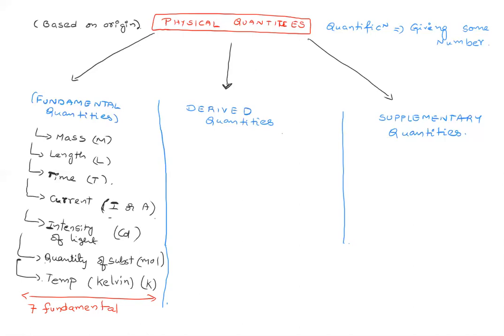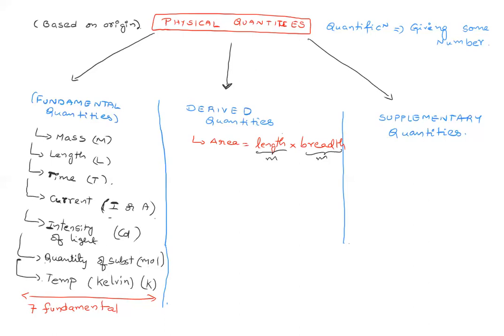Next, the second category is derived quantities. For example, area is equal to length into breadth. Area is a derived quantity because your length unit is meters and breadth unit is also meters.